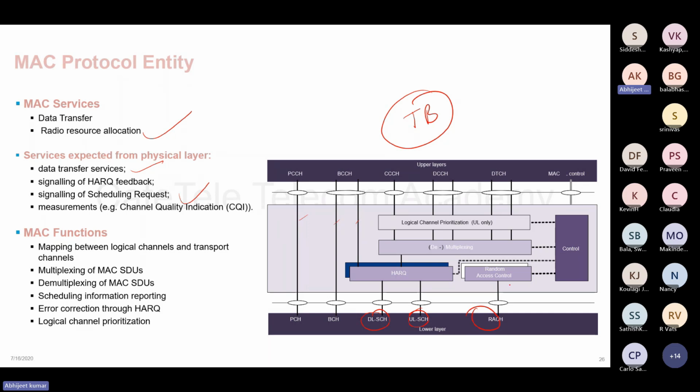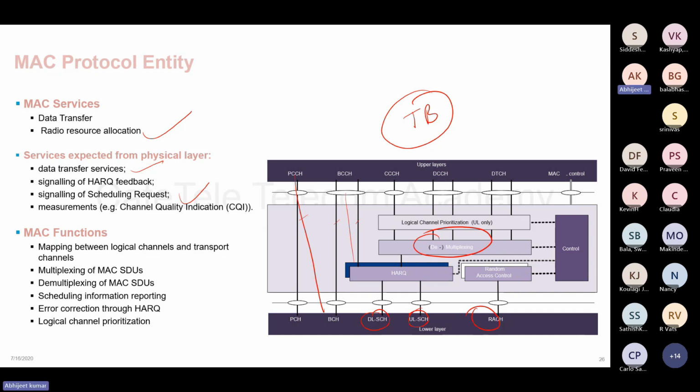If you see the MAC functions, you can identify that they do the mapping job. In multiplexing, they do the mapping job. It means the MAC layer maps the logical channel to the physical channel, and it can map the data in the control plane, user plane, or transport plane, whatever is required. Then demultiplexing and multiplexing of the MAC SDU.